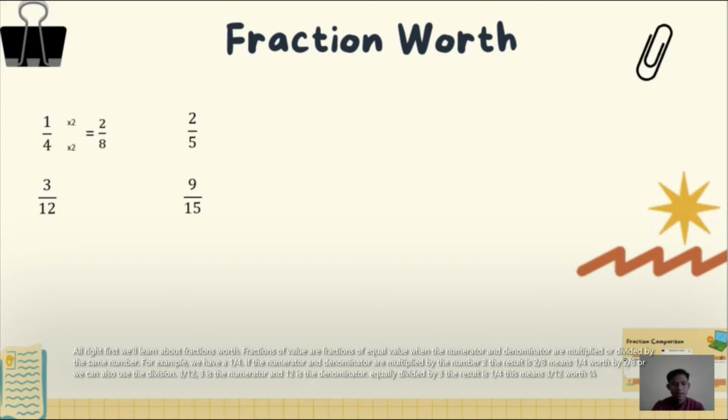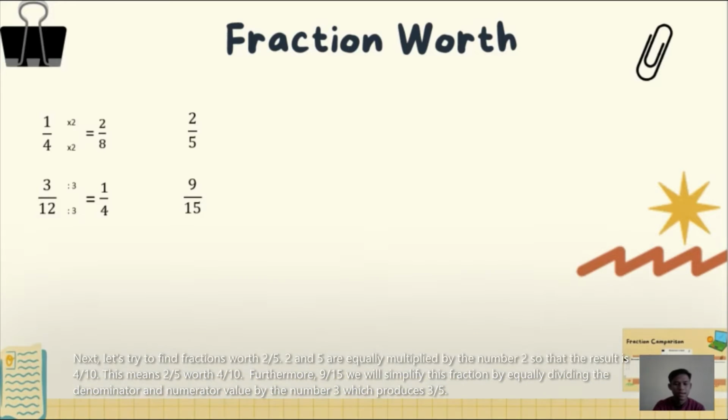This means 1 quarter is worth the same as 2/8. Or we can also use division. 3/12, 3 is the numerator and 12 is the denominator. Equally divided by 3, the result is 1 quarter. This means 3/12 is worth the same as 1 quarter.